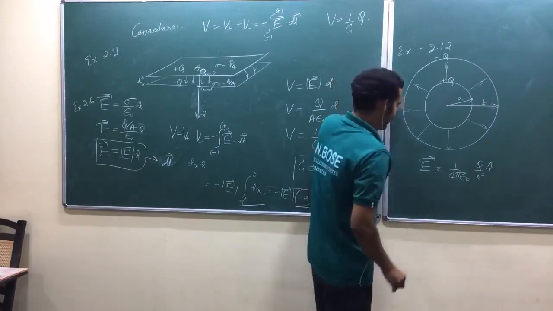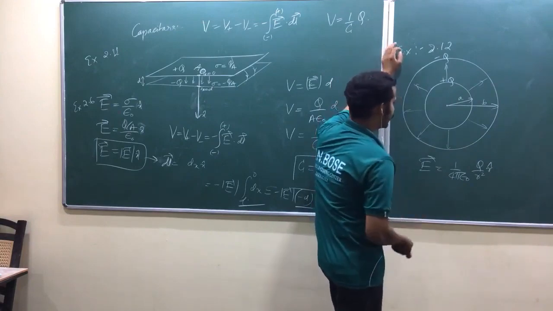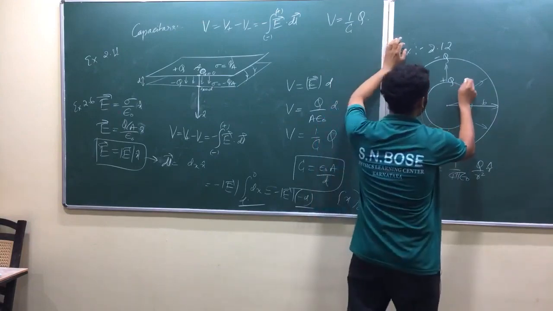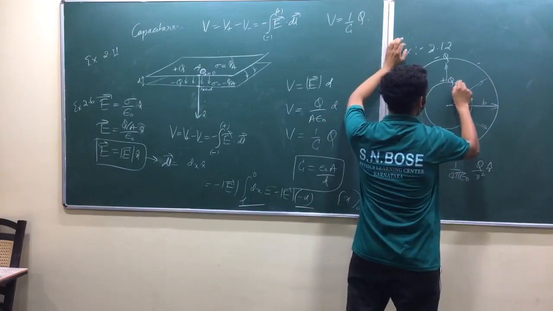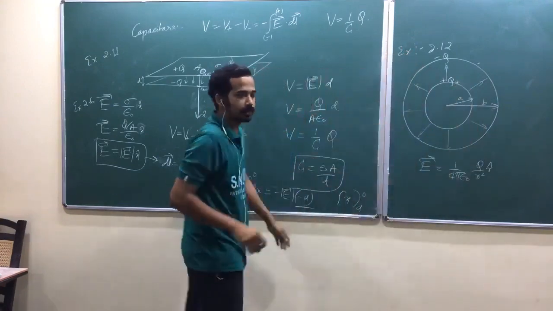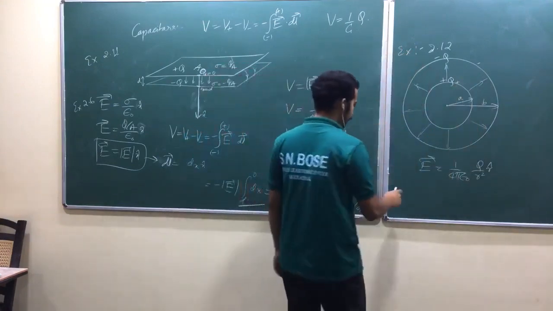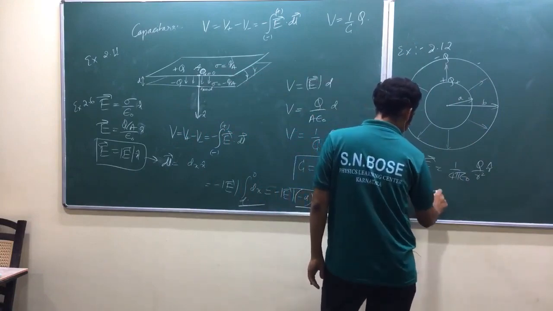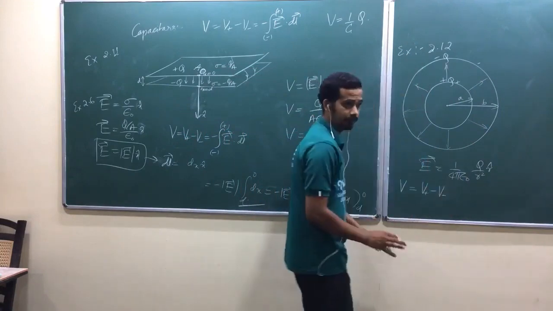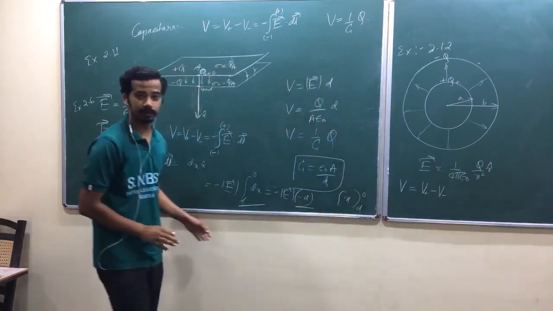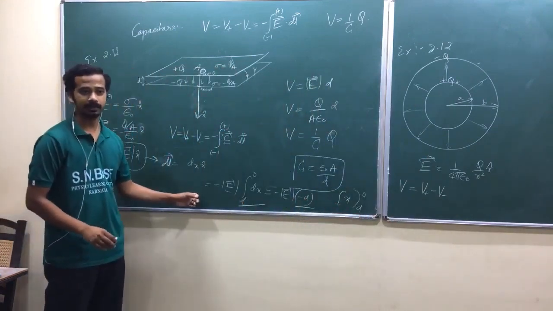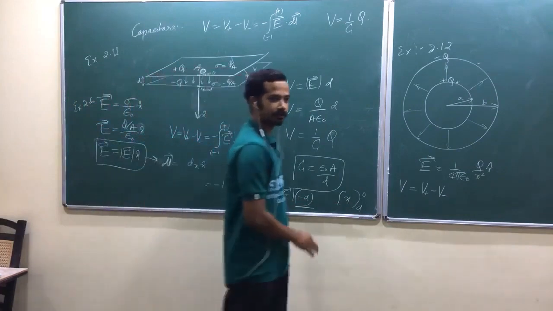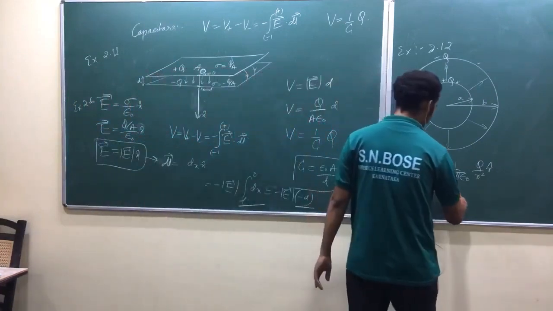Is that okay? Now, next one. Again, this is positive plate, this is negative plate. Now you have to integrate V is equal to V plus minus V minus. If we were to do it in pure coordinate geometry way, remember, otherwise ambiguity will come.